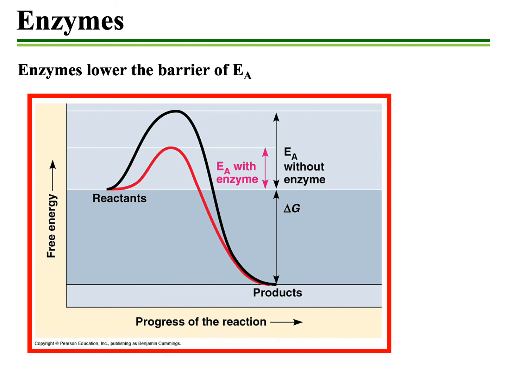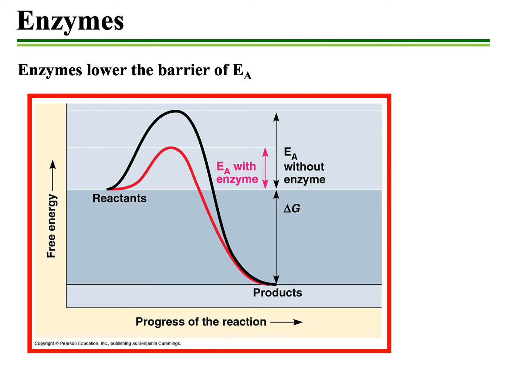Now if you look at this more detail-oriented version of a free energy diagram, again, progress of the reaction is along the x-axis and free energy associated with the components is along the y-axis. We're looking at a view where you have a certain amount of free energy associated with the reactants, a certain amount associated with the products, and this is again an exergonic reaction with a delta G that is less than 0.